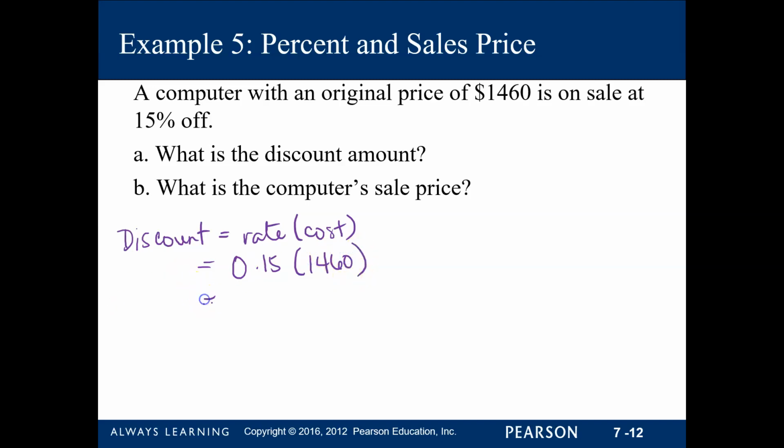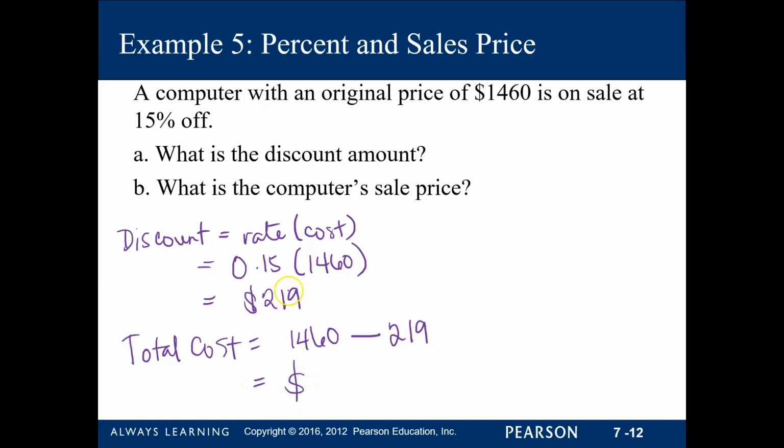Getting onto your calculator, this is going to be equal to $219. So the new total cost is going to be the price of the computer, 1460, minus our discount, which is $219. So instead of paying $1460, you are now just going to be paying $1241 for this computer.